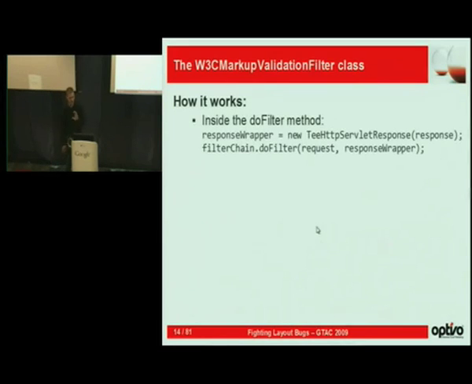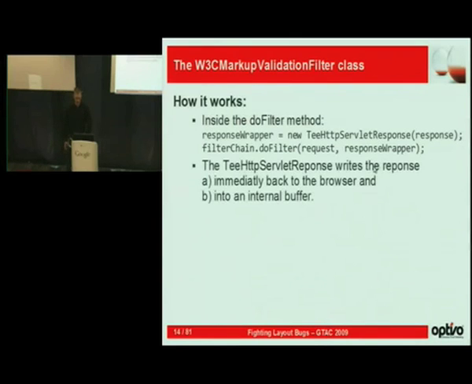I hope you are a little bit familiar with the servlet spec. There's a doFilter method in each servlet filter, and in there, I've wrapped the HTTP response in a custom HTTP servlet response, and then I call doFilter on the filter chain, so the request is processed, and this response wrapper does 2 things. First, it immediately writes back all the bytes to the browser.